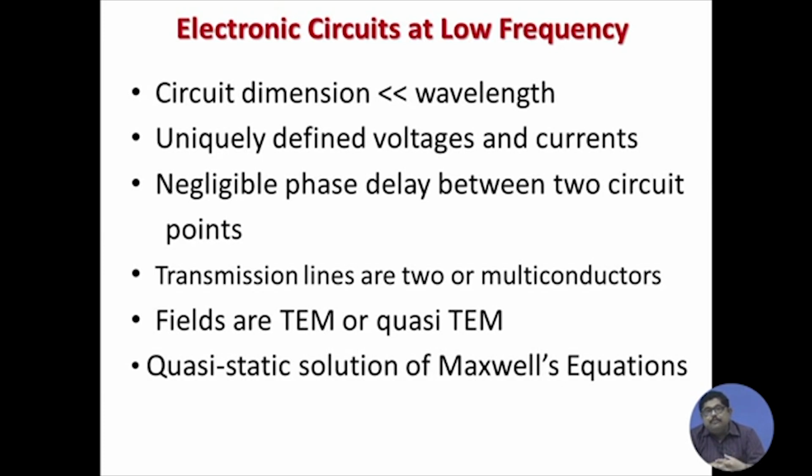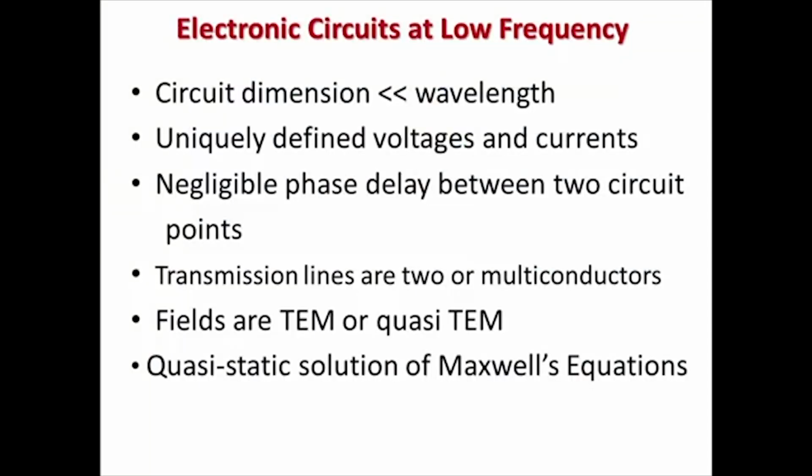and currents at low frequency, and we assume that there is no wave type of thing there, though inherently there is a wave. So, voltage and currents obey Kirchhoff's voltage law and current law, so that unless a component is encountered, the voltage and current do not change.